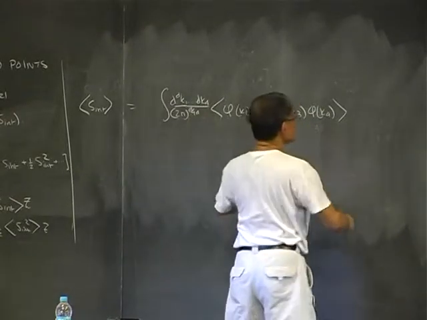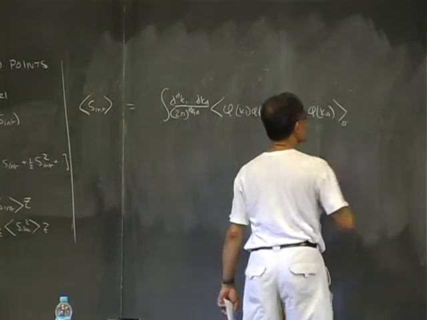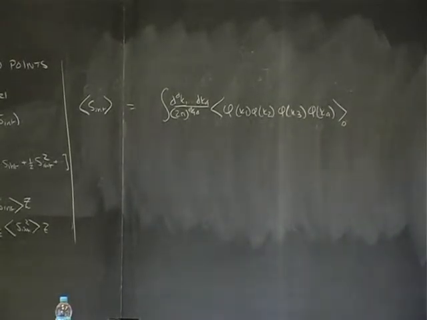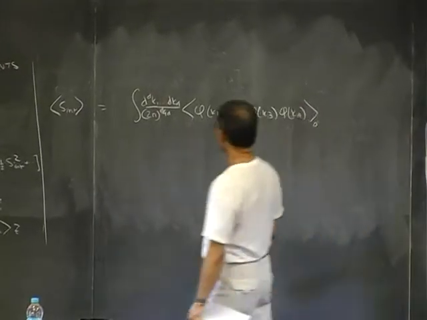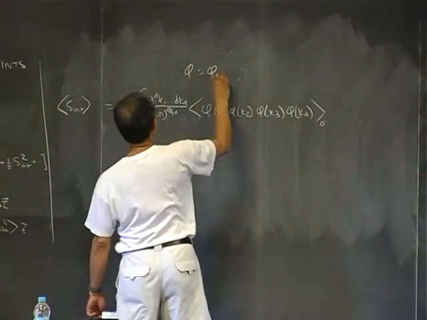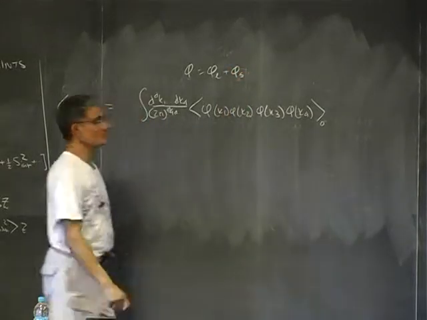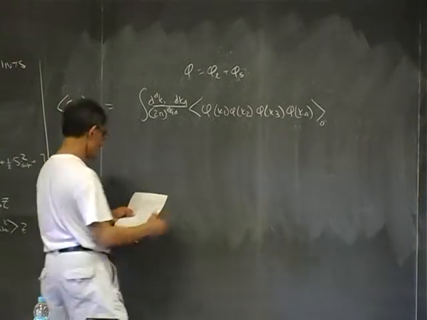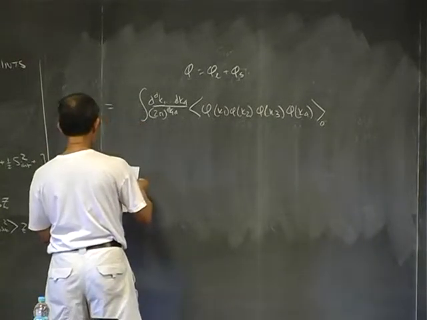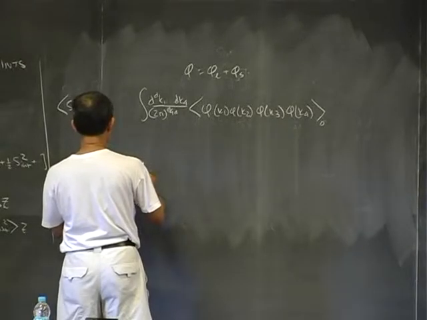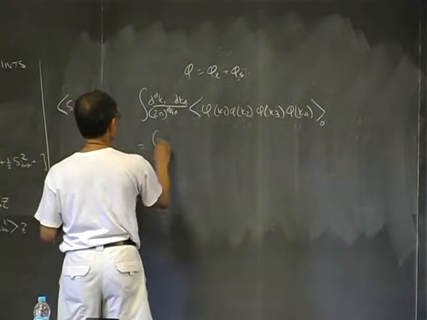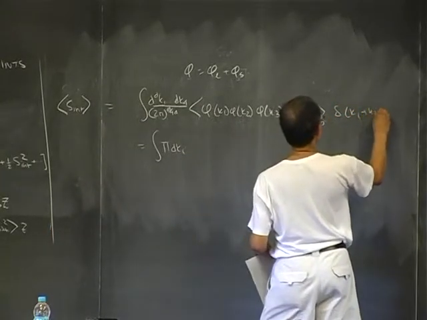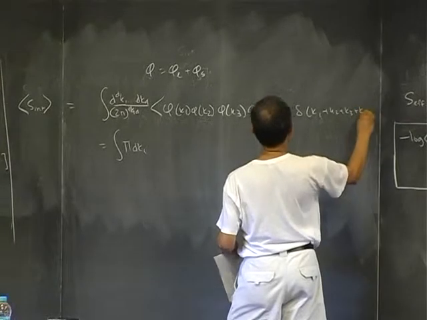This bracket means it is calculated in the theory with u equal to 0. That's the way we are doing this expansion. This is a perturbation expansion. Each of the phi I should write as phi L plus phi S. Okay? So let's write this thing out: some product of dk_i, and there is a delta function k1 plus k2 plus k3 plus k4.